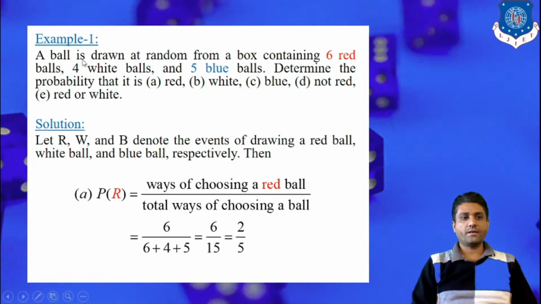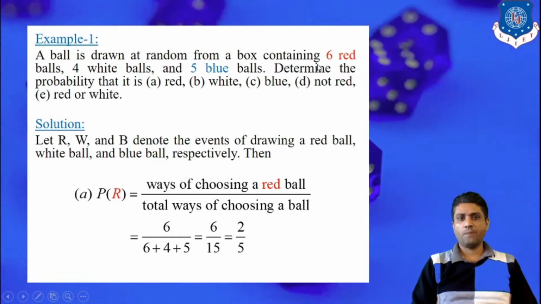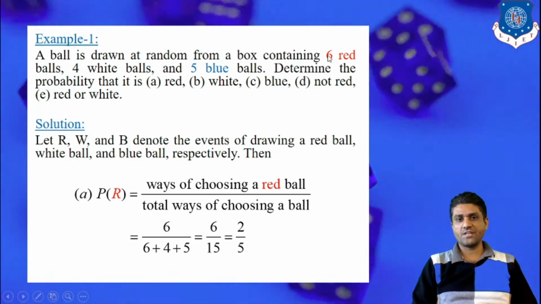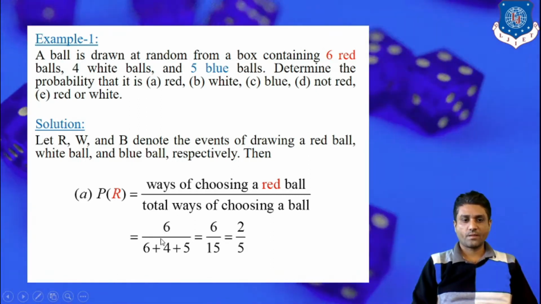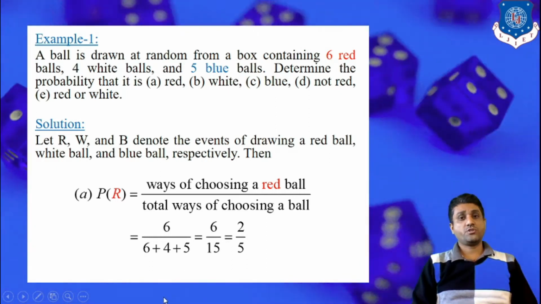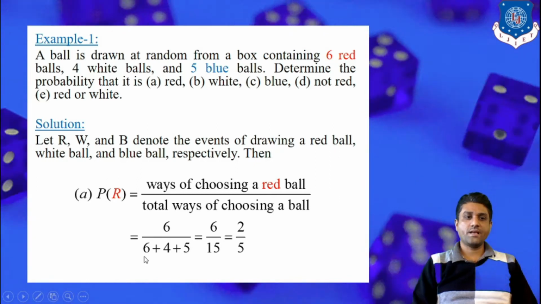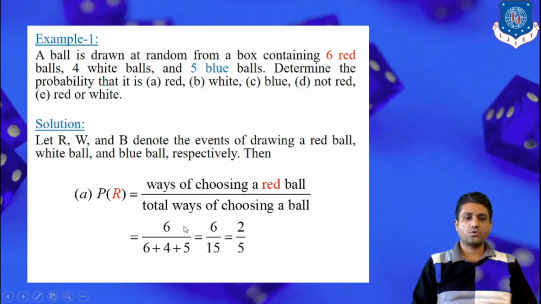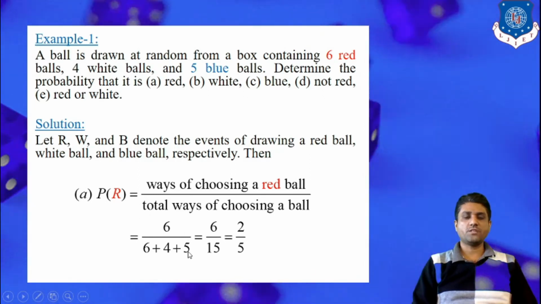We know that the box contains 15 balls, but among those 15 there are 6 red balls. So the numerator, our favorable outcome, is 6. The denominator, the total outcomes: the box contains 6 red, 4 white, so 6 plus 4, and 5 blue, so plus 5.